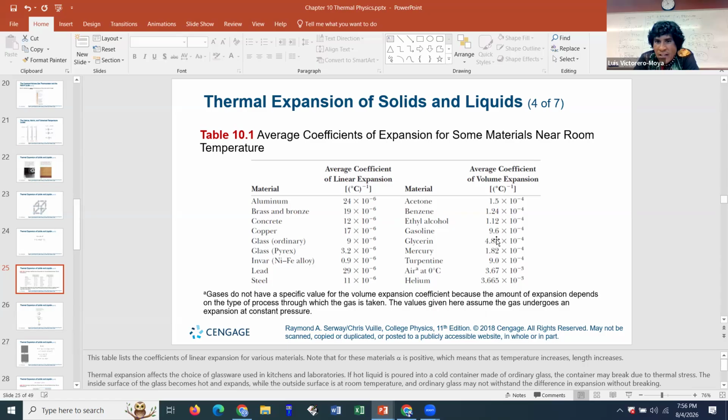Gasoline, glycerin, and mercury. Gasoline is very dangerous, right? And glycerin as well. So mercury, which is also toxic, has a very high coefficient of expansion. So it will make the column, based on this equation, change.